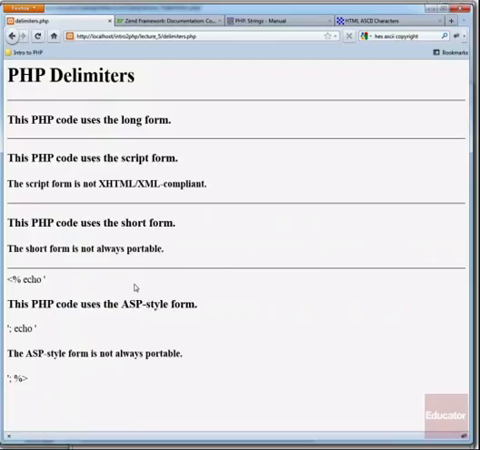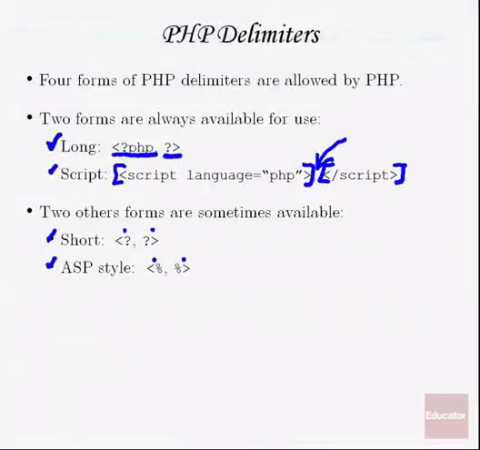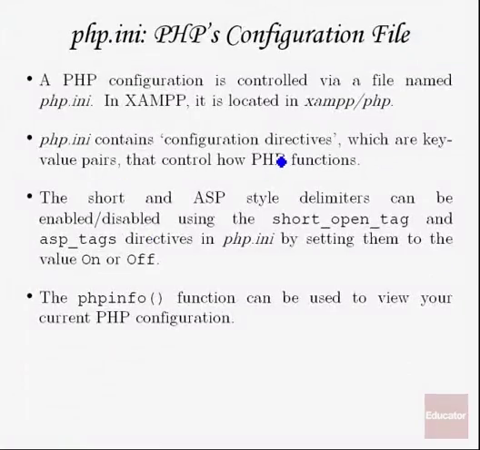Now, the way to enable that is through a configuration file called php.ini. php.ini is a global configuration file for a particular PHP installation. It contains what are known as configuration directives, which are basically key-value pairs that control how PHP functions.